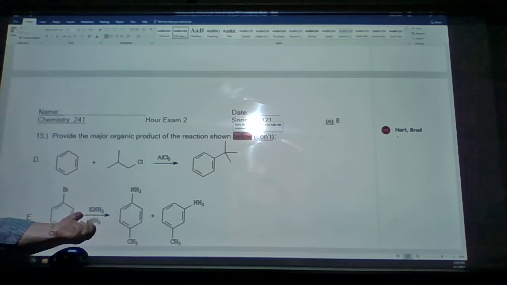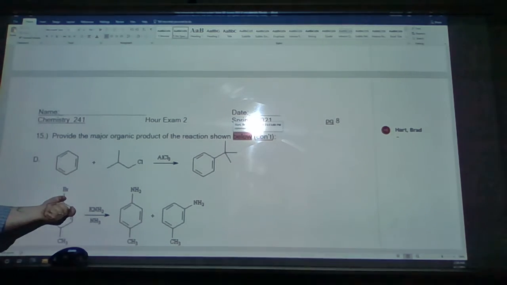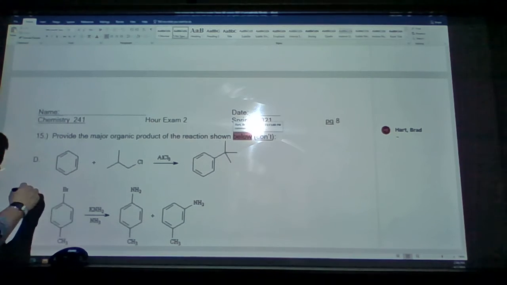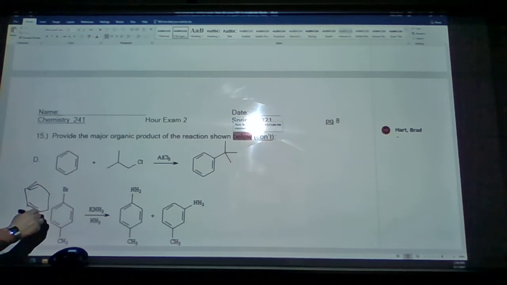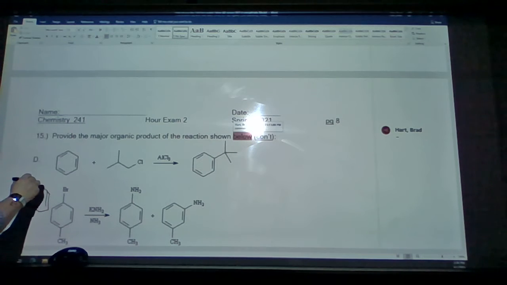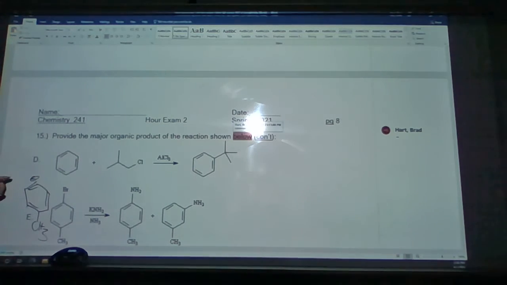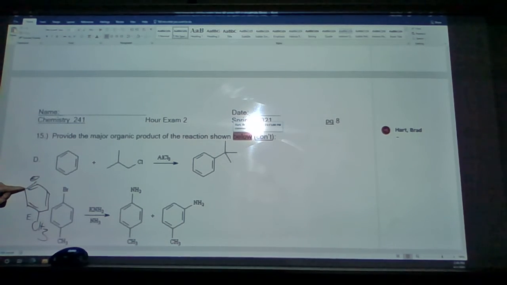So you add the ammonia group to either the position where the bromine was or the adjacent position, i.e. it goes through some sort of proposed triple bond species. So the NH you could add here or there, getting you the para or the meta derivative.